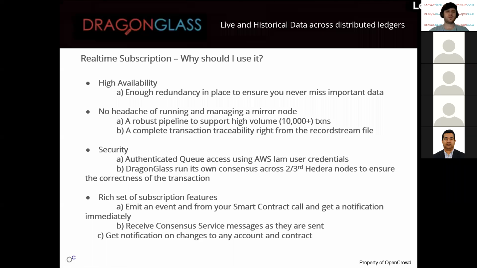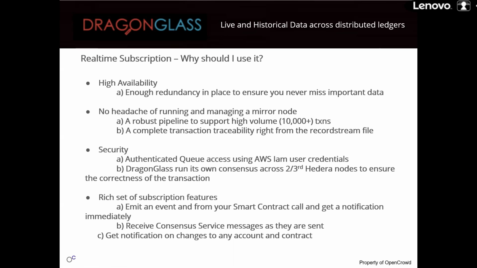So similar to the API structure, for this webinar also we are going to first go over why should I use real-time subscription when I already have an API. The reason why I would use real-time subscription is the high availability. Again, similar to API, we have enough redundancy in place for the subscription service. So if one service goes down, we have a failback server which would definitely send you the event as it happens.